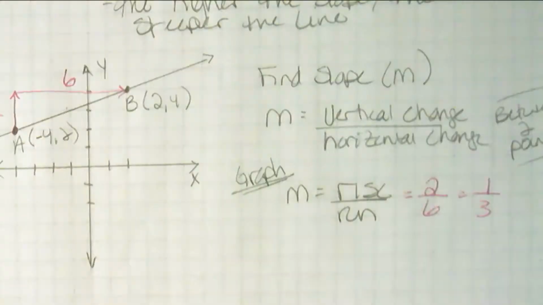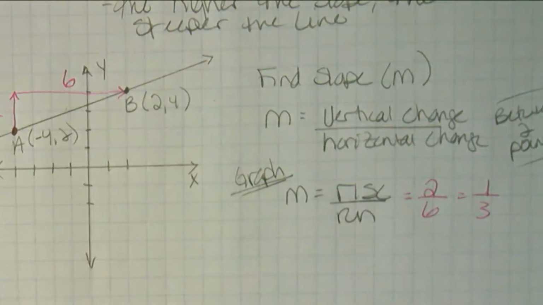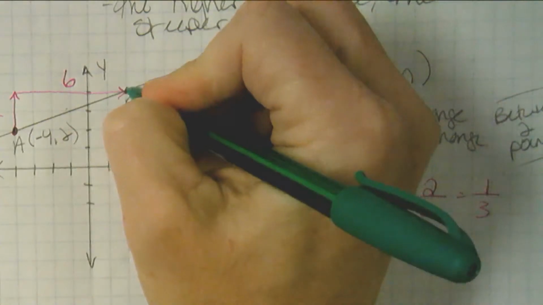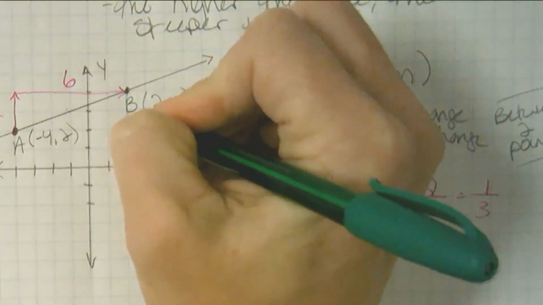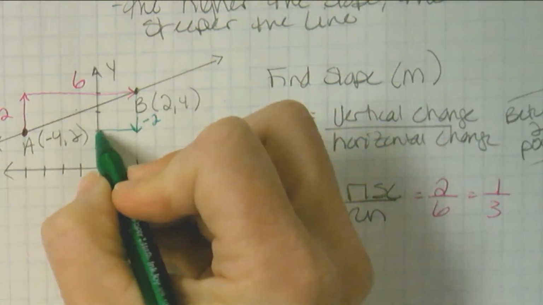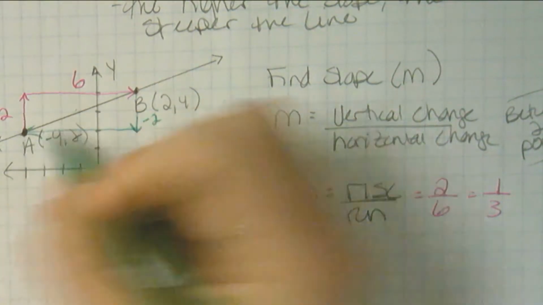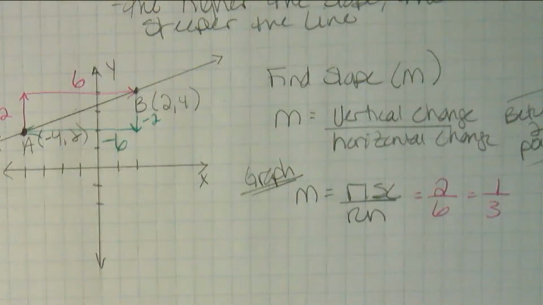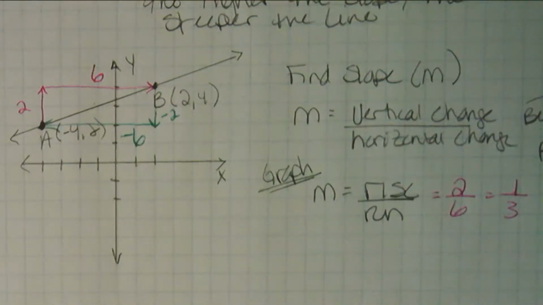Now, I could have started at my B, and I would go down 2, so that's a -2, and I would go back 1, 2, 3, 4, 5, 6, which is a -6. So it doesn't matter which point you start with.